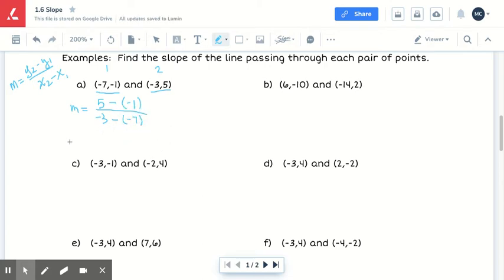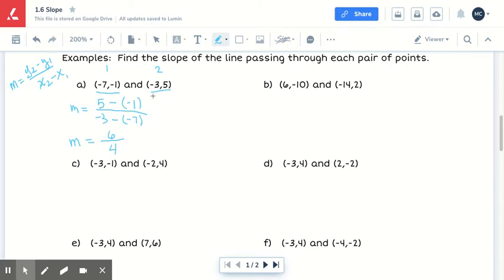From here, it's just a matter of simplifying. So on the top, 5 minus a negative 1 would be the same as saying 5 plus 1, so that's a 6. On the bottom, negative 3 minus negative 7. Minus a negative 7 would be the same as plus. So really this is negative 3 plus 7, which is a positive 4.